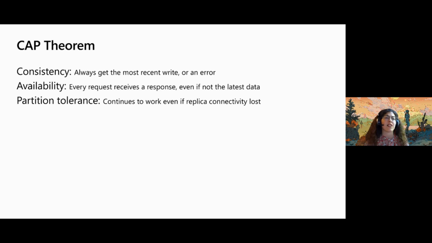which basically says that you cannot have all three of those. You need to decide and make a trade-off between two over the other.